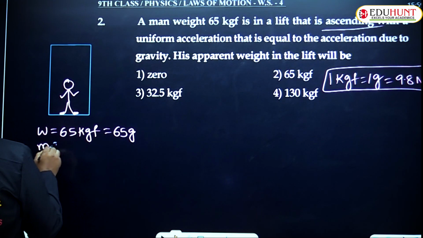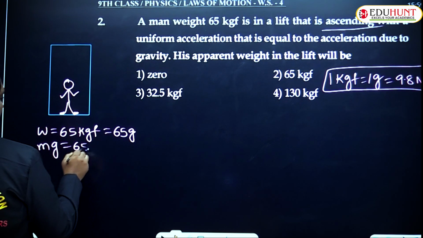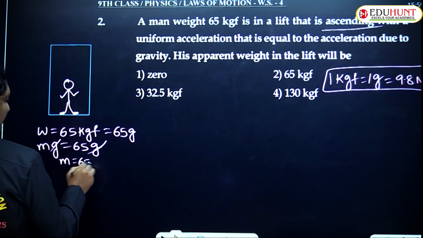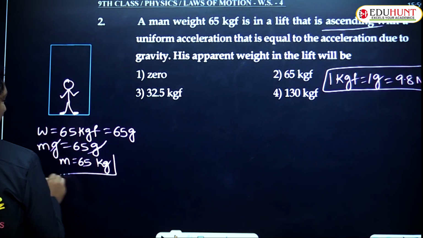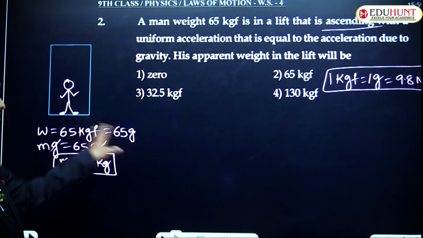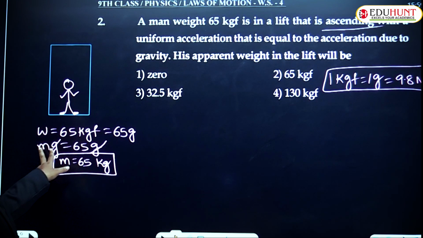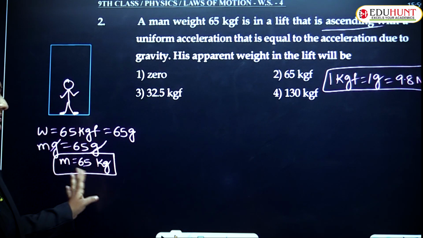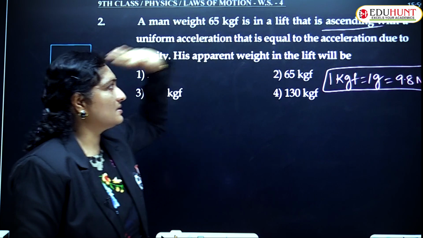If weight means mg is equal to 65 g, then mass is nothing but 65 kg. Hope you understand this. Kg force is 65 g. Weight means mg, 65 g. So mass is 65 kg. That's it. So it indicates that the mass is 65 kg.